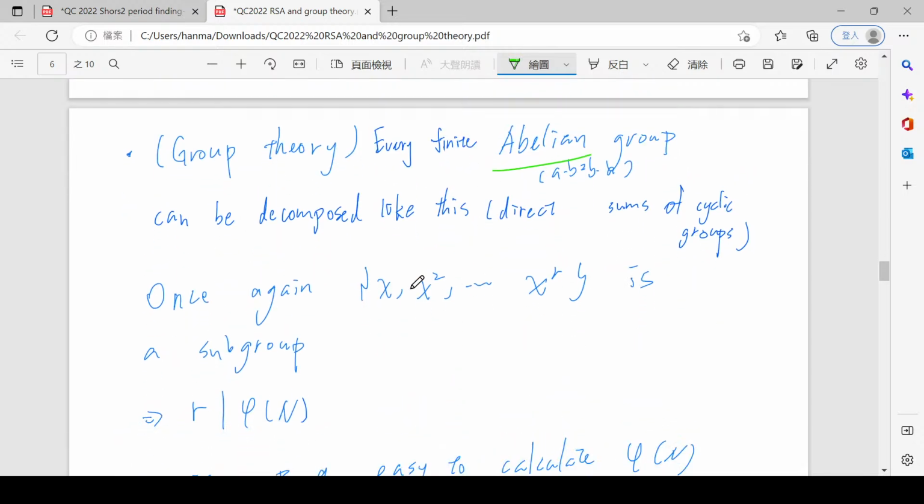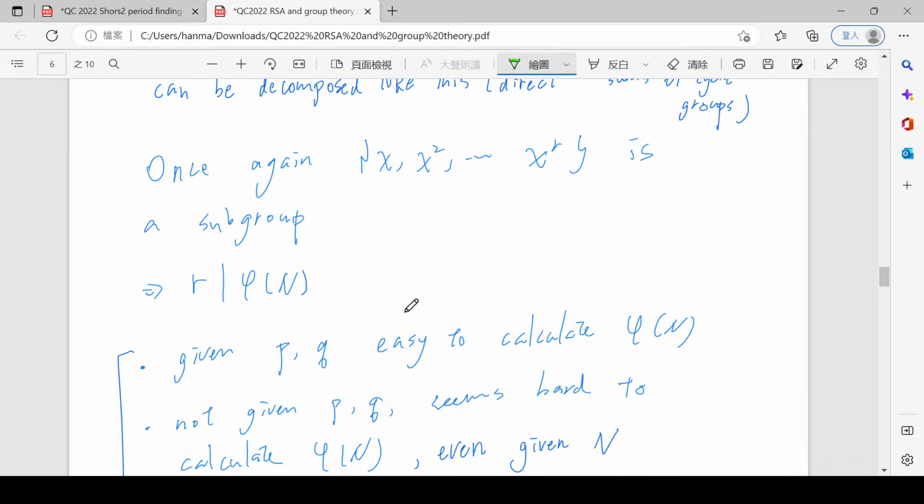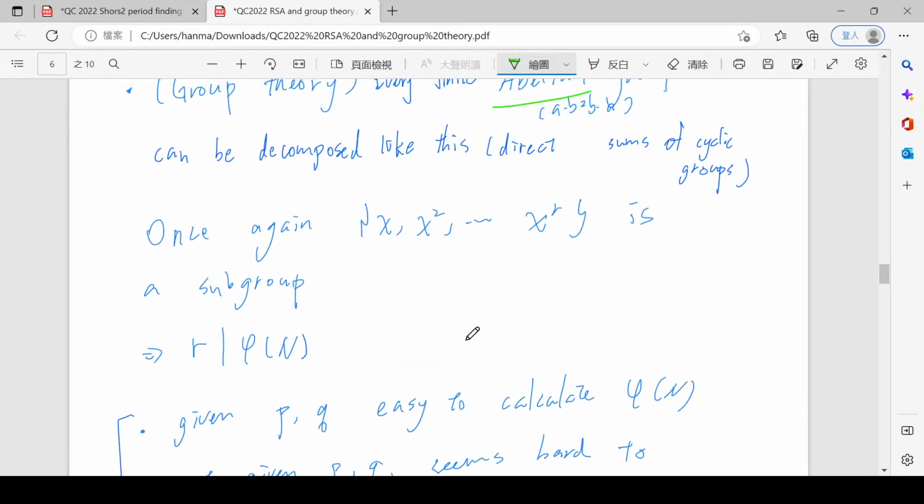We don't quite need to use it, so let's skip this. Anyway, if you keep multiplying things, then you will get a subgroup. And as we said in the last class, the order of a subgroup will divide the order of your whole group.